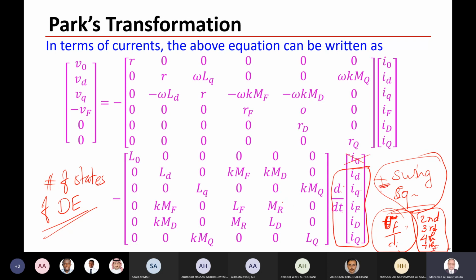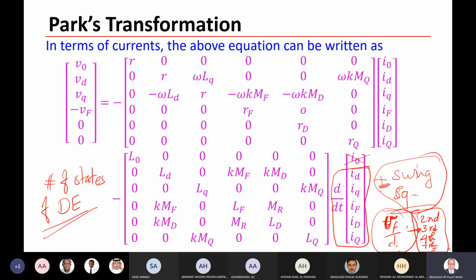Now what we will do later, we will simplify this. If we consider the swing equation and only the field voltage, this becomes the 3rd order model.